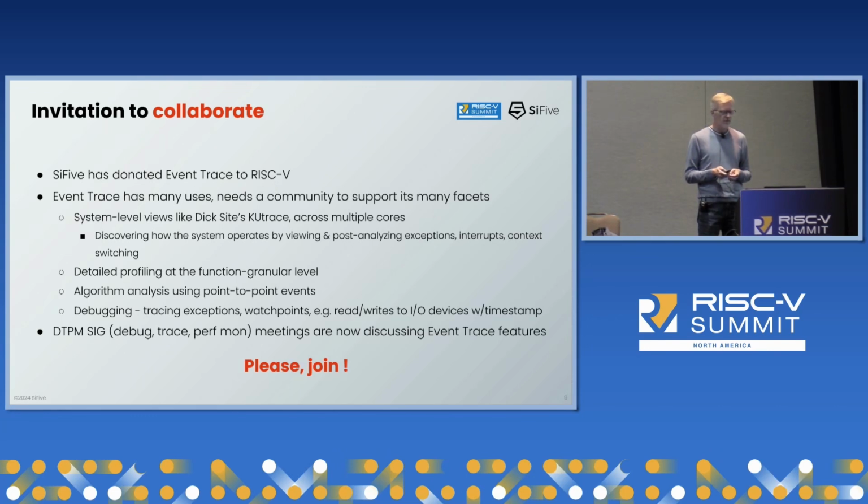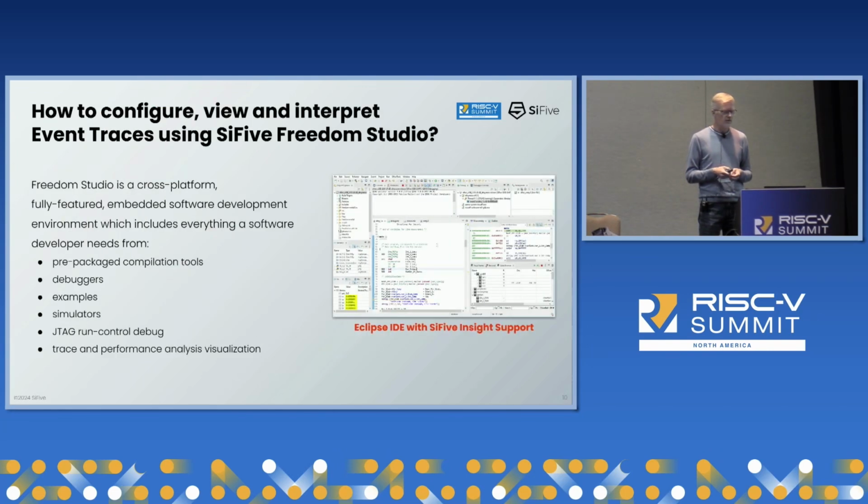And if you do that, you also get, along with the delivery, access to SiFive Freedom Studio, which is an IDE for software developers that contains all tools and analysis that benefits from this event trace for you to get started with actually doing software development.